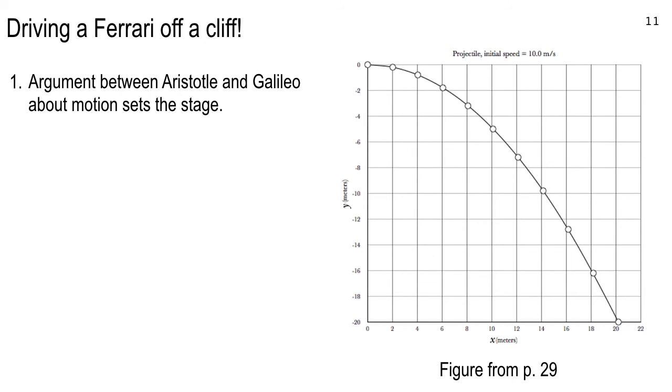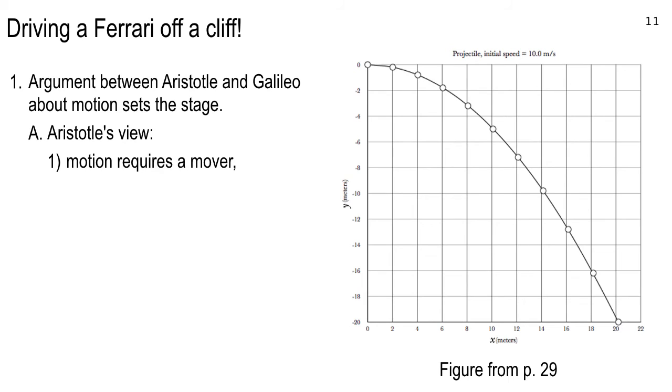The other professors of philosophy in Galileo's day all followed Aristotle, but Galileo felt that there was something about Aristotle's view of motion that was not quite kosher. So let's look at it.